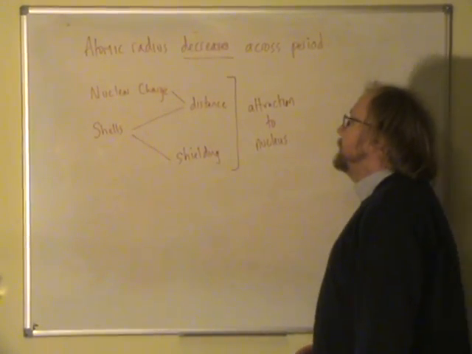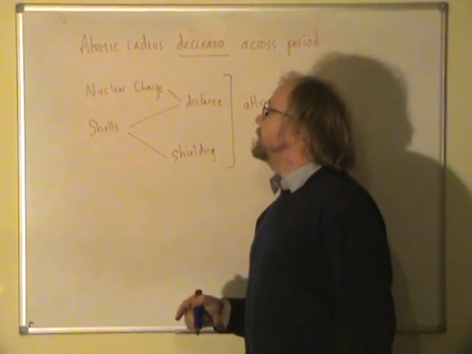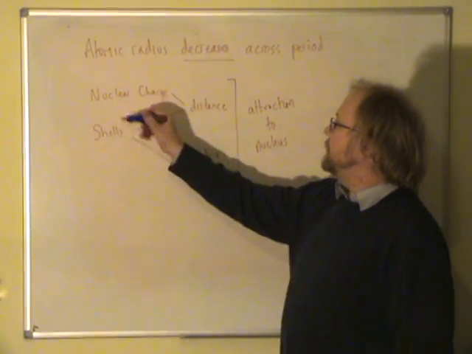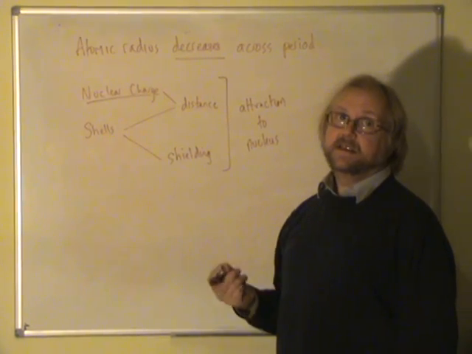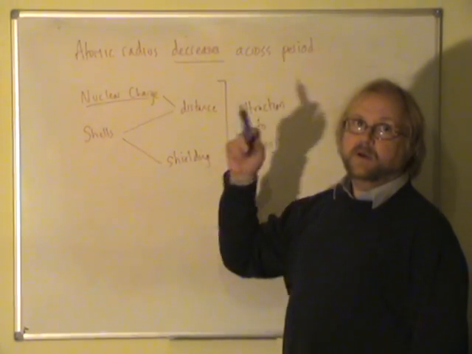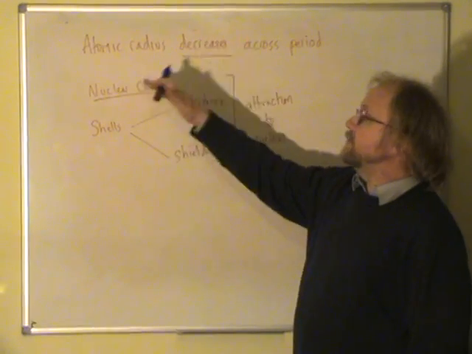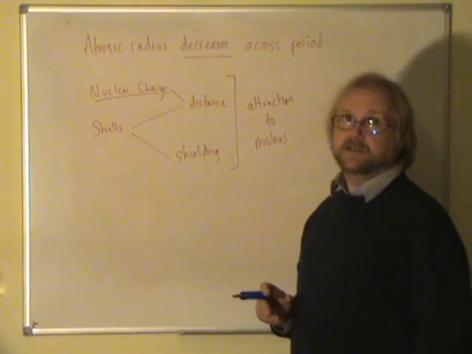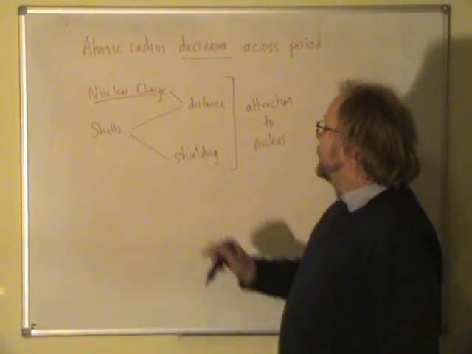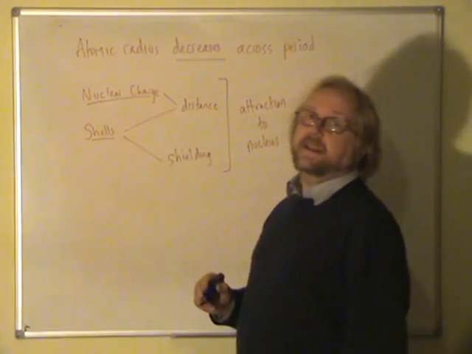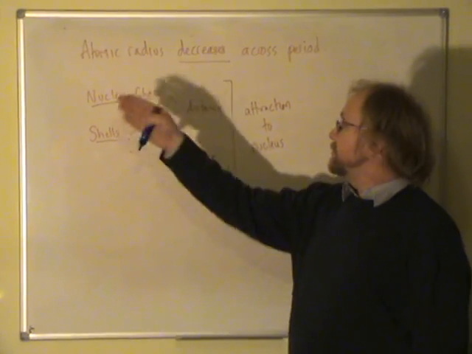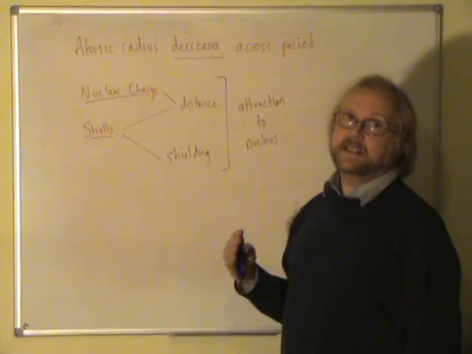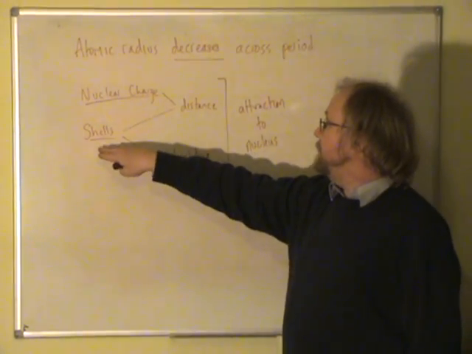So how do we talk about all of those things in this particular case? Well, as you go across the period, the nuclear charge clearly increases because you're adding one more proton to the nucleus as you go from each element to the next across the period. The shells, well, each of the elements in the period has the same outer shell because you're just filling up that shell, but you're not adding on any new shells. So the same outer shell.